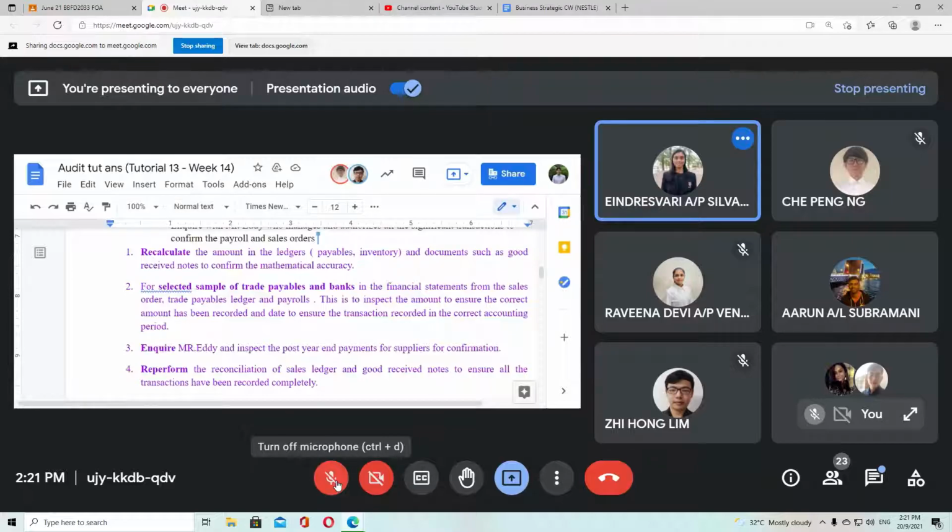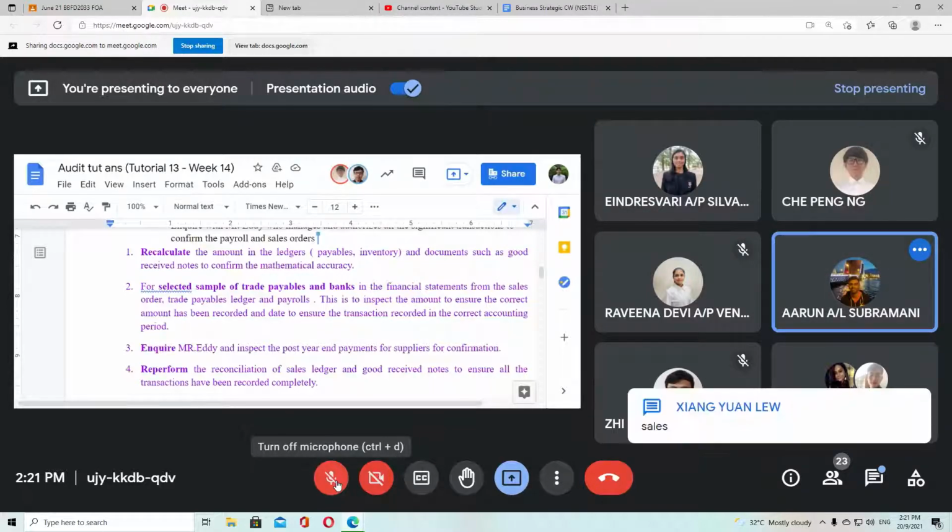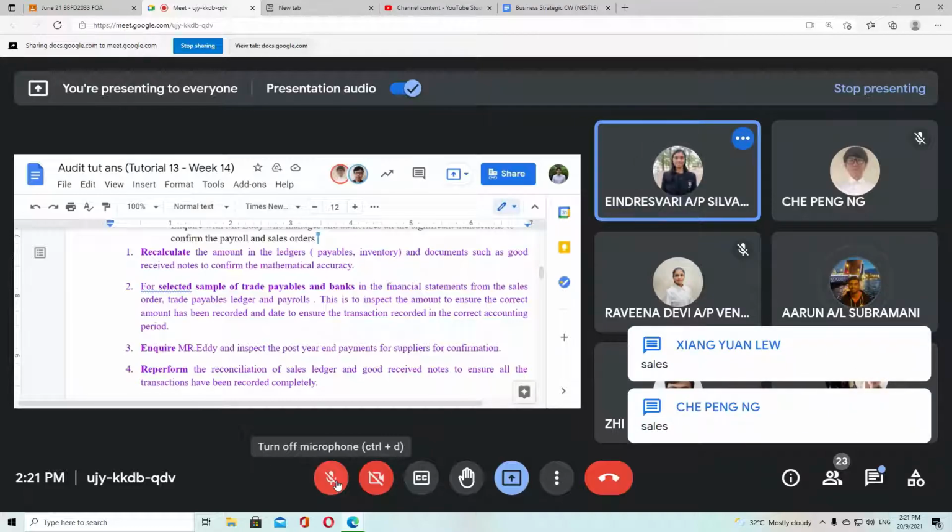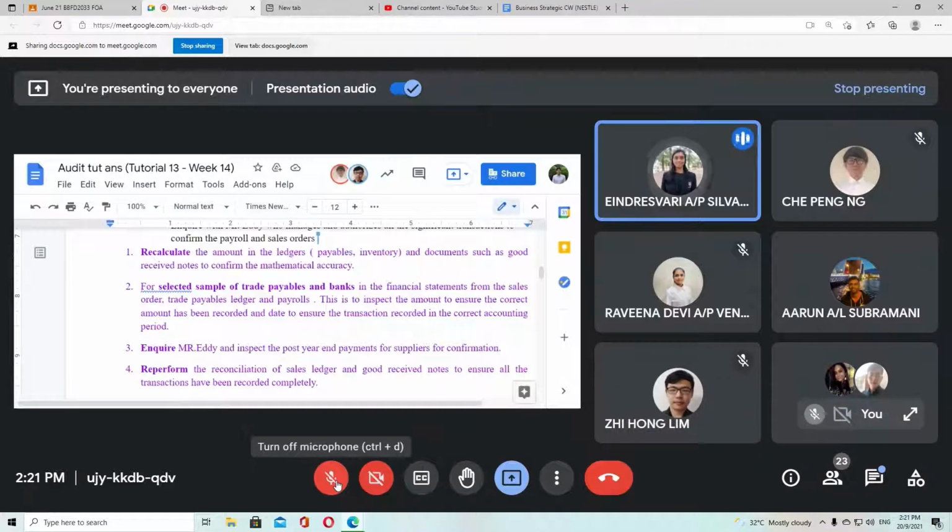Sales. Yes, sales. So why are you looking at payables and inventory? How is it relevant to sales? Do you make sales to suppliers or to customers? Payables is different. How do payables affect sales?